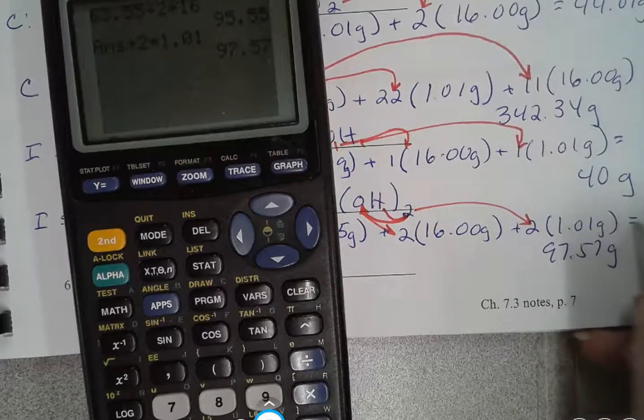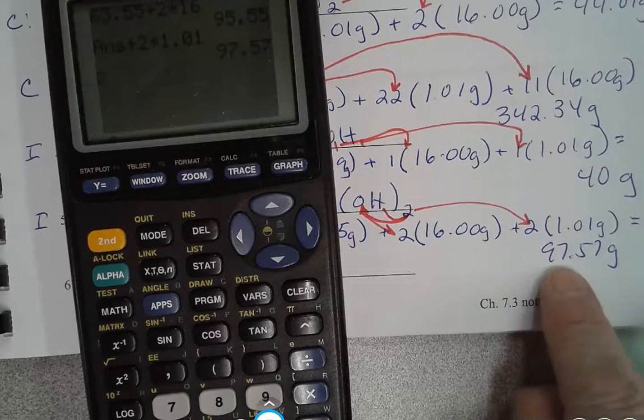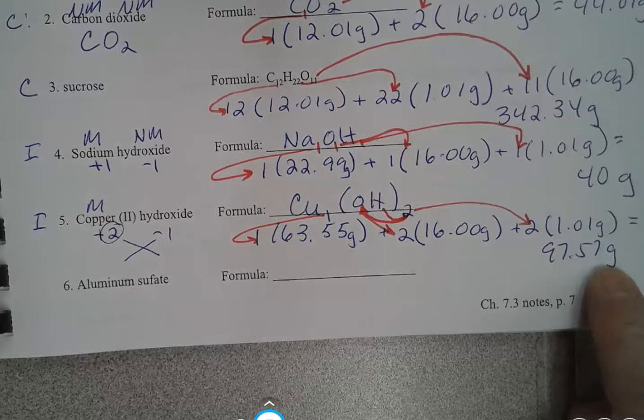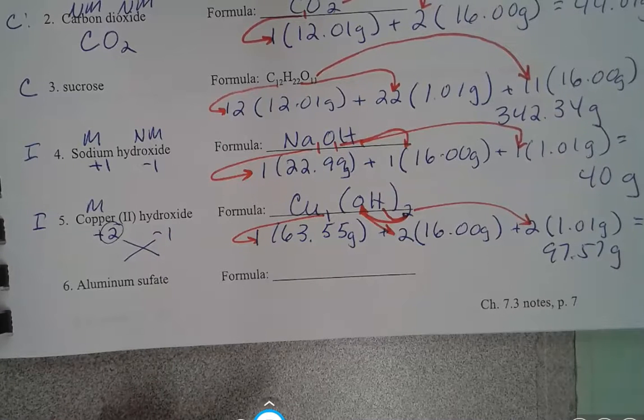Okay, and there we go. So what does that mean? I hope I did it right. We have in 97.57 grams of copper 2 hydroxide, 6.02 times 10 to the 23rd molecules or formula units of copper 2 hydroxide.